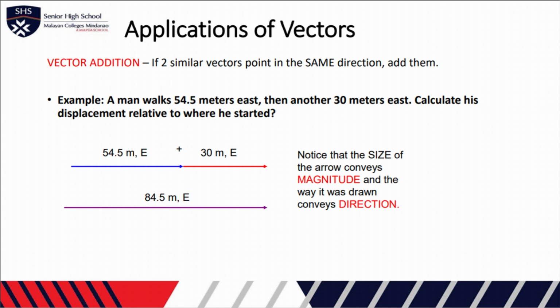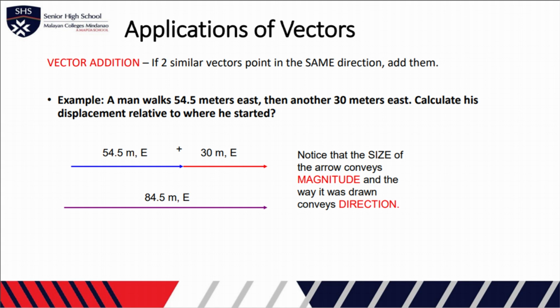A man walks 54.5 meters east, then another 30 meters east. You need to calculate his displacement relative to where he started. The arrow in blue expresses the man walking 54.5 meters east, while the arrow in red expresses the man walking 30 meters east.